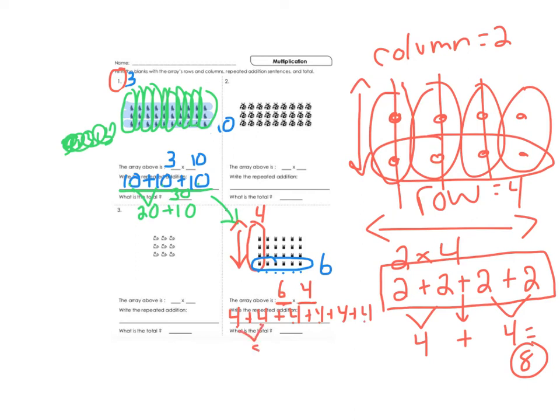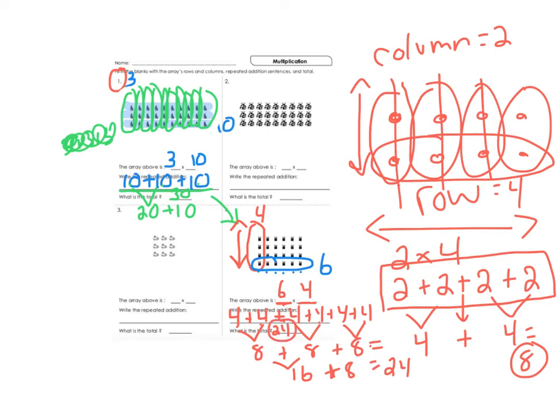So 4 plus 4 is 8. 4 plus 4 is 8. 4 plus 4 is 8. Okay, might need to get my calculator out at this point. Luckily, I do know this in my head. I know 8 plus 8 is 16. And then add another 8. 16 plus 8 is 24. So the total down here would be 24.